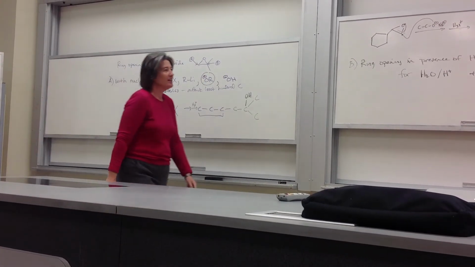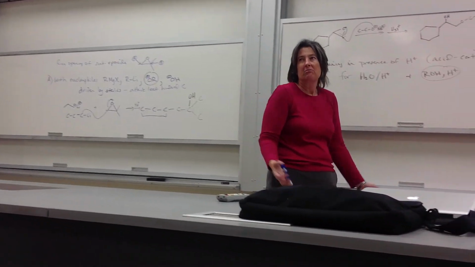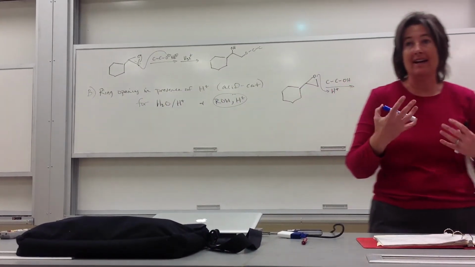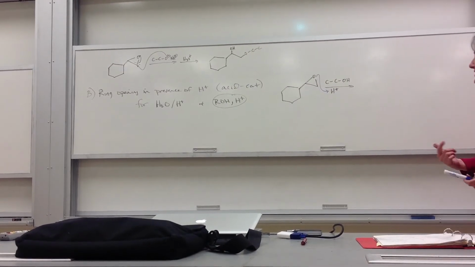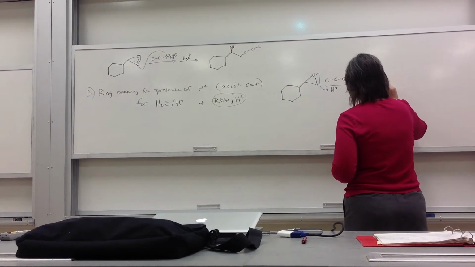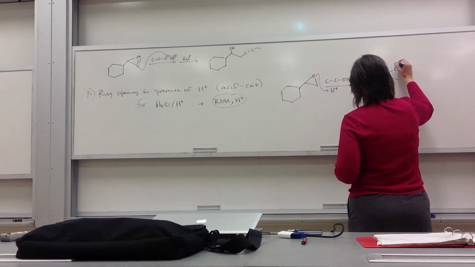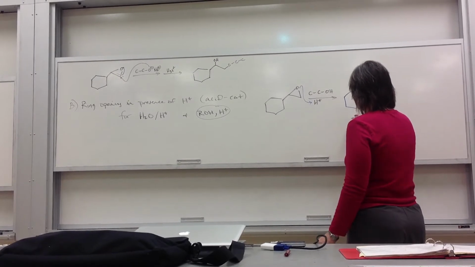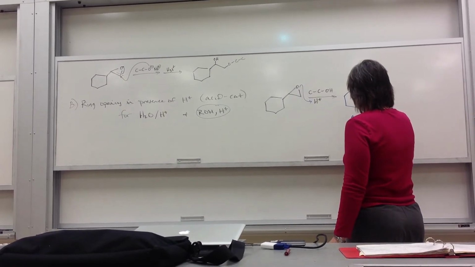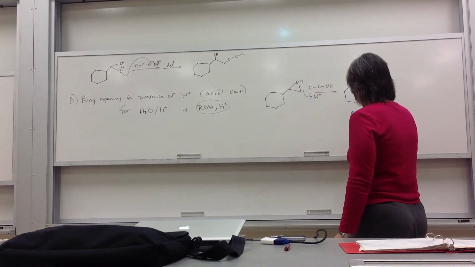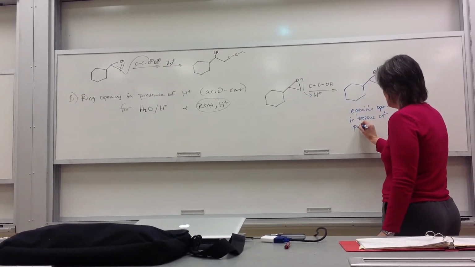Over here though, I'm throwing ethanol at the ring. It's not good enough. And so you've got to do something ahead of time to get that ring a little bit more active. And so what you end up doing is you form OH plus, and now the epoxide will open more easily. It'll open in the presence of what is a poor nucleophile.